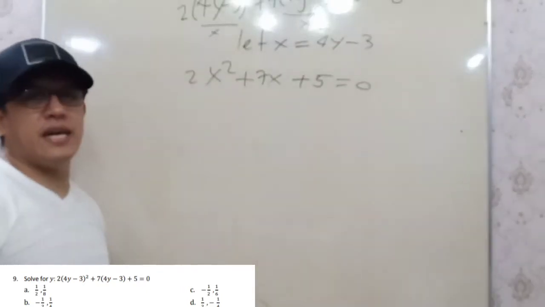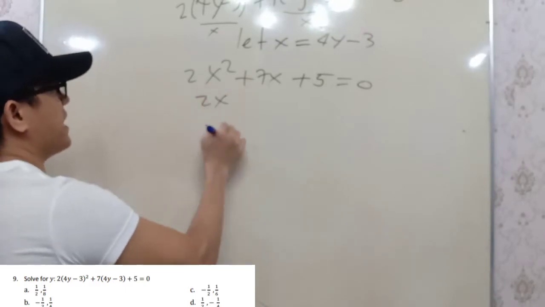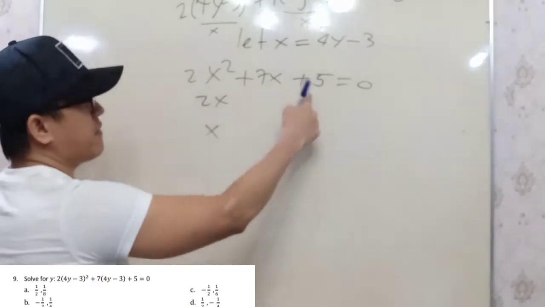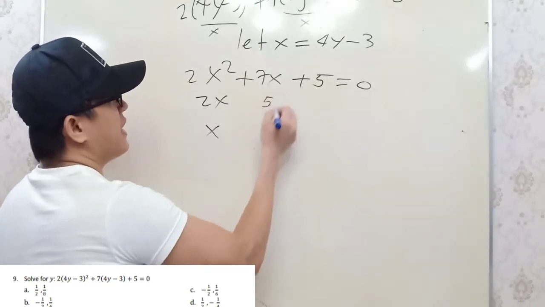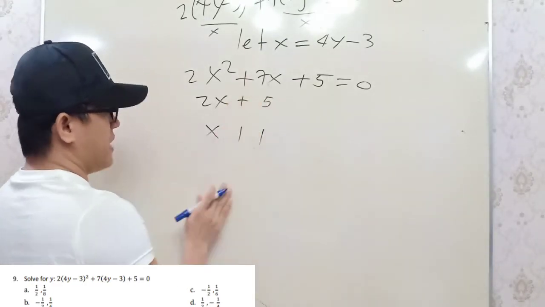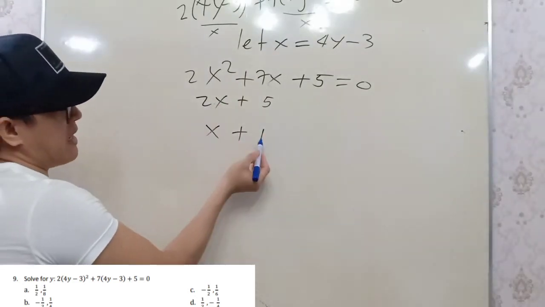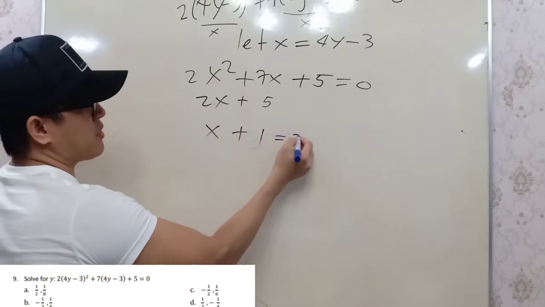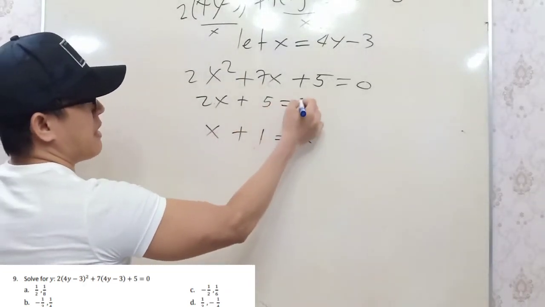Ito yung first equation natin. Okay? So, factoring this one out, we have 2x and x. Okay? Anong factors ng 5? Shall I say this one is plus 5 and 1. Okay? Plus 5 and 1. Now, cross-multiply lang natin yan. 2 times 1, that is equal to 2x. X times 5, that is 5x.